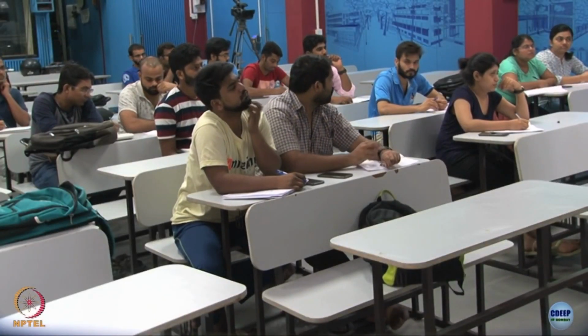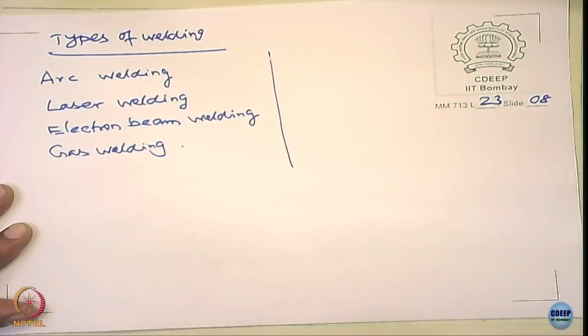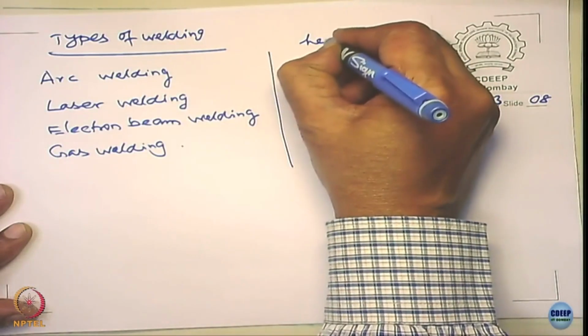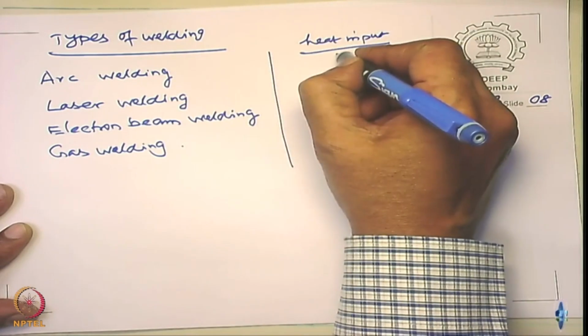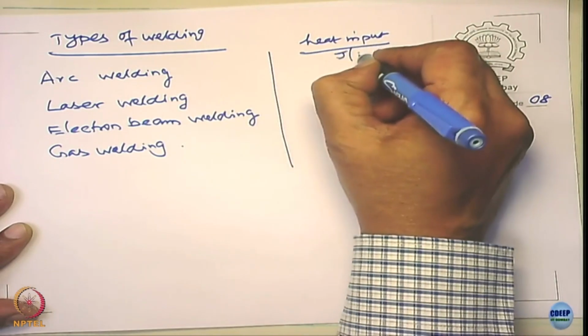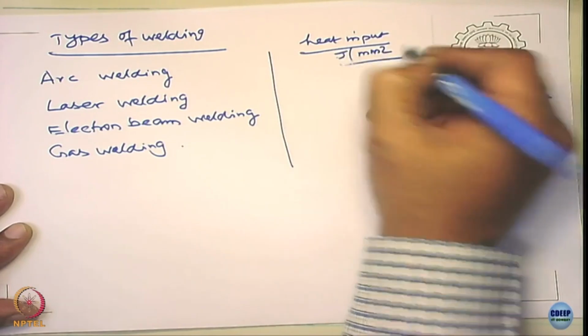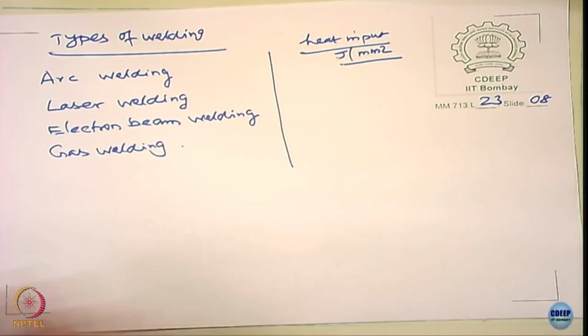Okay. So before we get into this, let us look at some simple properties of this. Let us look at the heat input, maybe in terms of joules per mm square or whatever, right? Let us look at the heat input required to weld in the case of arc welding, laser welding, electron beam welding, and gas welding.